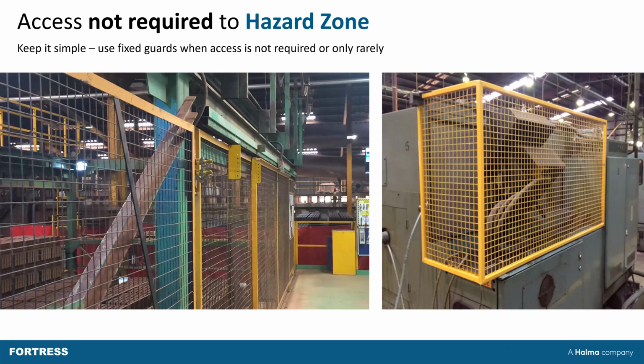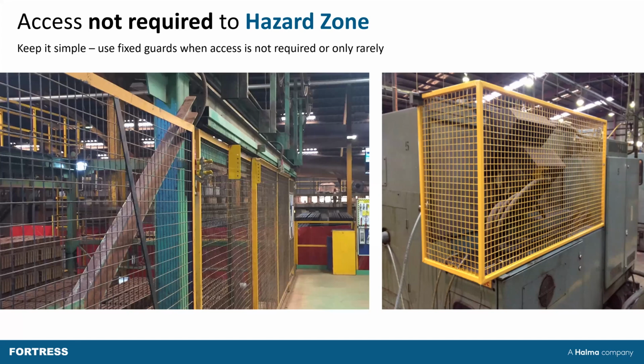And in the unlikely event of needing maintenance, you're going to have a separate risk assessment, which will probably involve full isolation before you are able to remove that. But for most, if you're not needing to access an area very frequently, you only need to get in there once a year or something, just put a fixed guard on it. That's my advice.